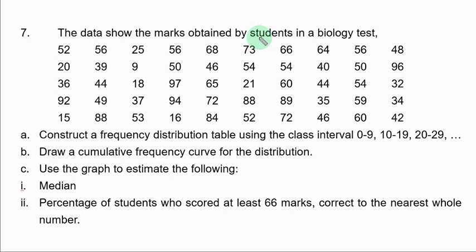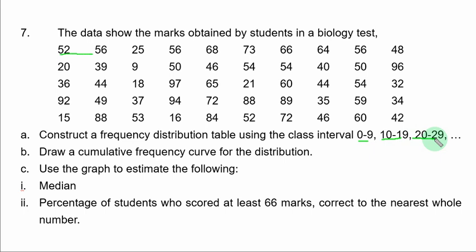Question 7. The data show the marks obtained by students in a biology test. You have the data arranged in rows and columns. A. Construct a frequency distribution table using the class interval 0 to 9, 10 to 19, 20 to 29, and so on.